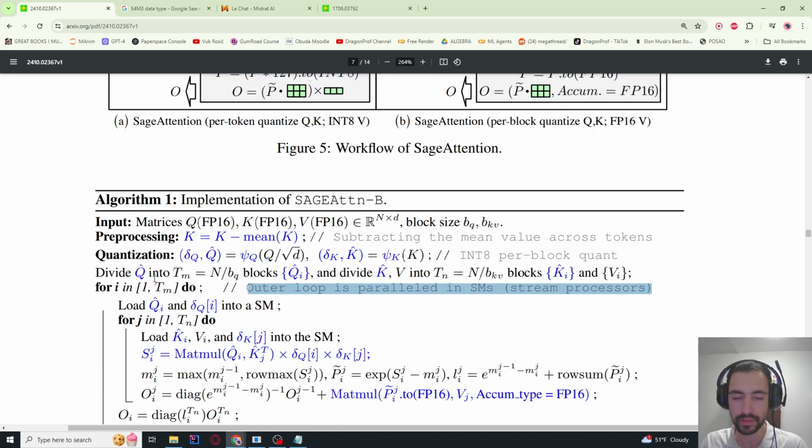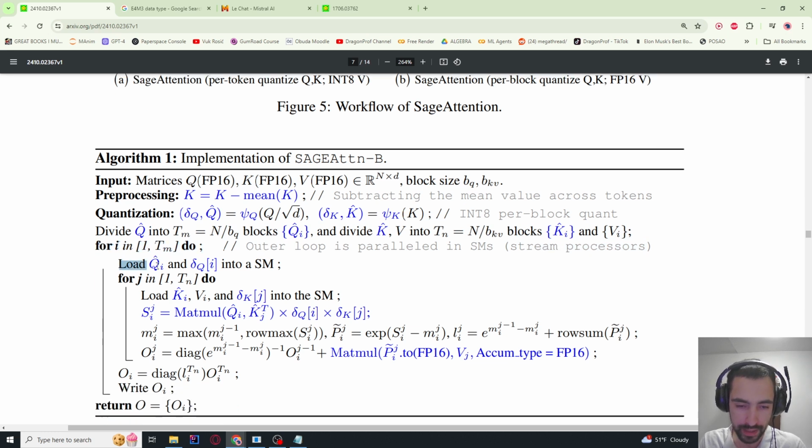Yeah. And then they make a loop for i in 1 to Tm do. So this is parallel in the stream processors, so this is executing parallelly, and I'm pretty sure it's executing parallelly for each block with iterator i. And then we load this block for Q, and we load the scaling factor for this particular block as well, so we can scale it back.